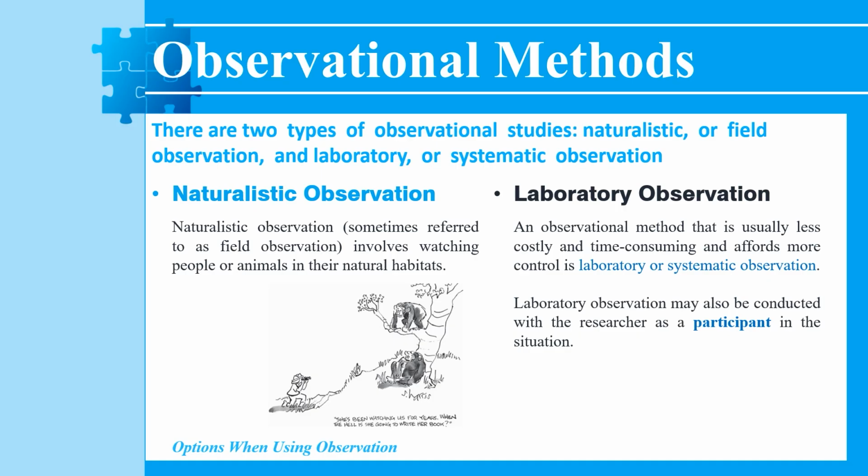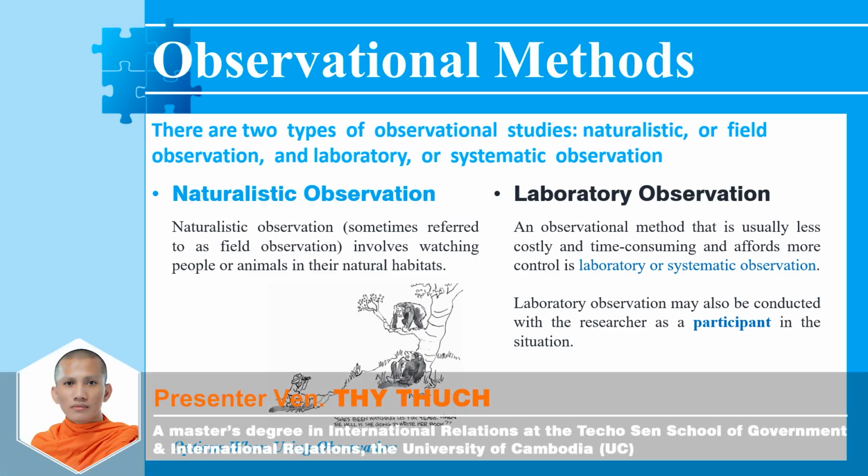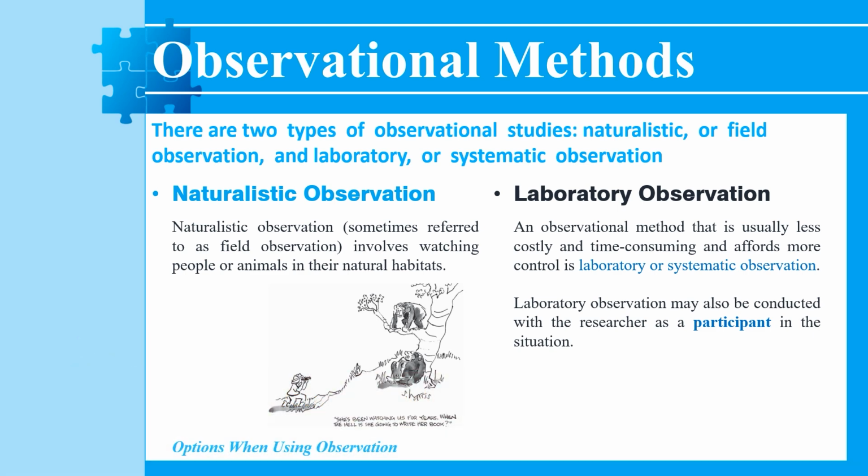And the sentence below is about the options when using observation, meaning that both Goodall and Fossey used undisguised observation, meaning a study in which the participants are aware that the researcher is observing their behavior. They did not attempt to disguise themselves while making observations. Goodall's initial approach was to observe the chimpanzees from a distance.